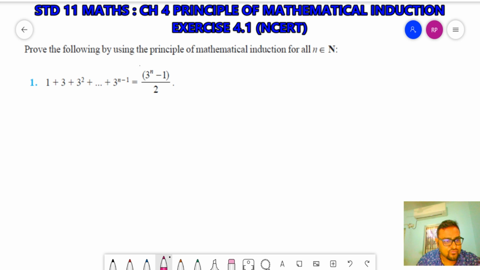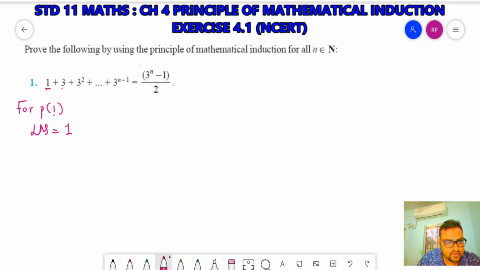So let's say for P of 1. Here we have to take the first term. What is LHS? 1. If it was P of 2, that means 1 plus 3, 2 terms. P of 5 means till fifth term. Here P of 1 means till the value of n is 1.